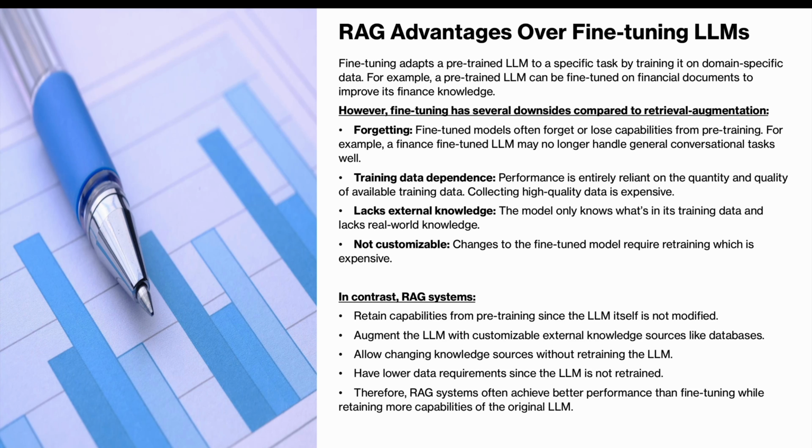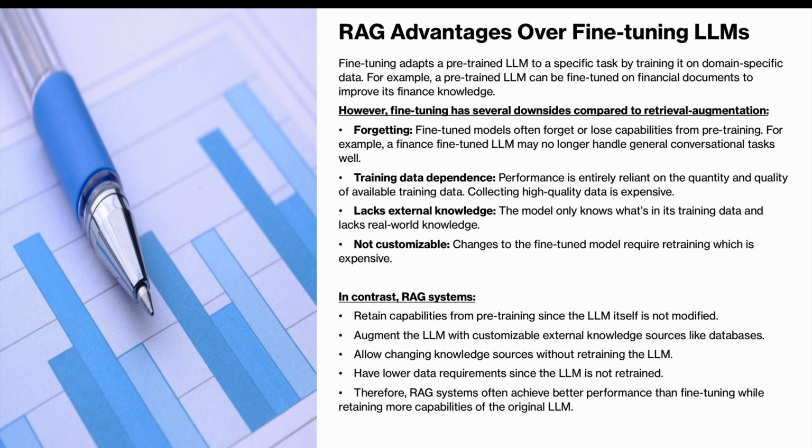Whereas in contrast, RAG systems retain capabilities from pre-training since the LLM itself is not modified. They augment the LLM with customizable external knowledge sources like a database. So, before we pass the query to the LLM, we augment the data. We divide that data into vectors, or for example, at this moment, let's understand we divide that data into chunks. This allows changing knowledge sources without retraining the LLM.